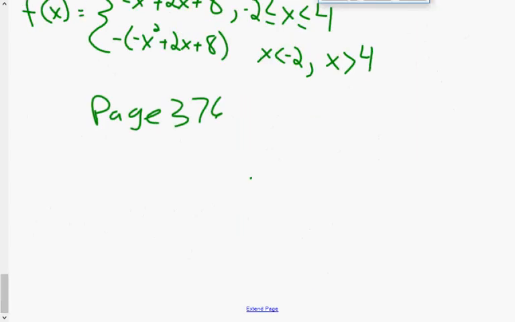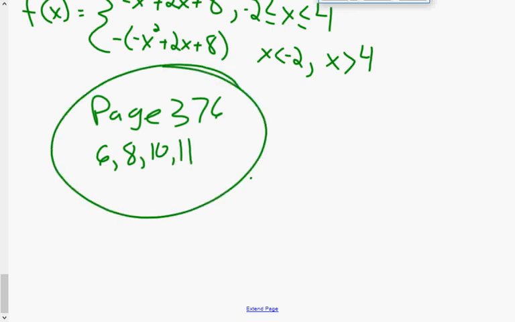So I didn't check my favorite. 6 and 8 are good. 10 and 11. I would really recommend doing all of 10 and 11.